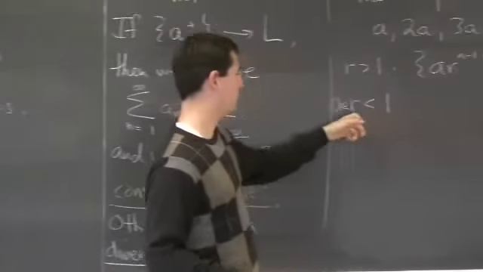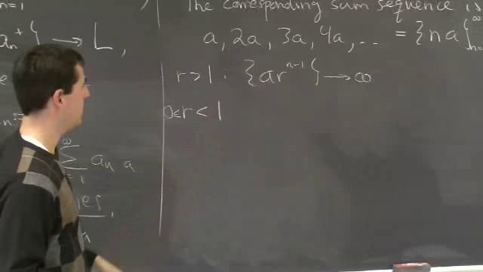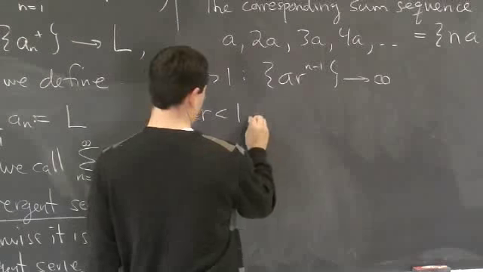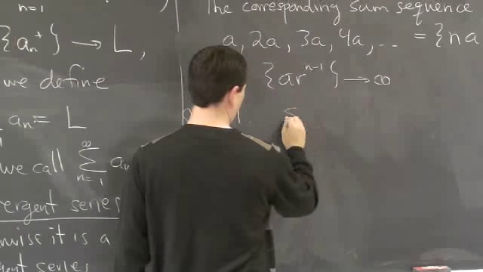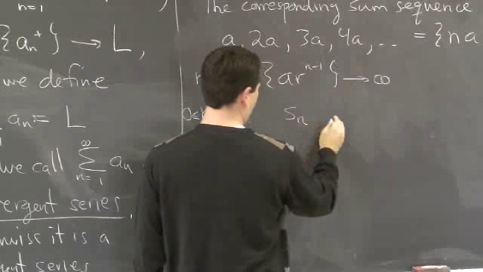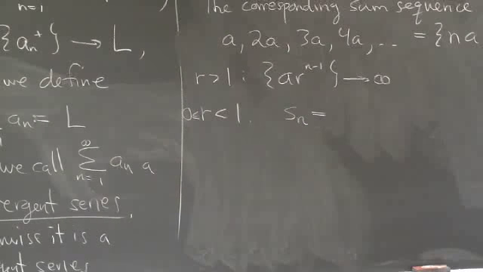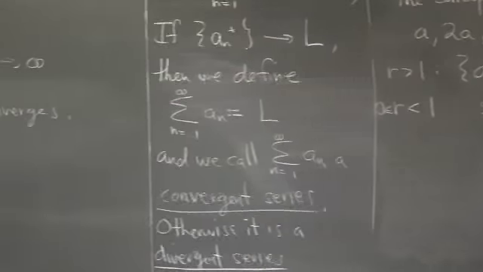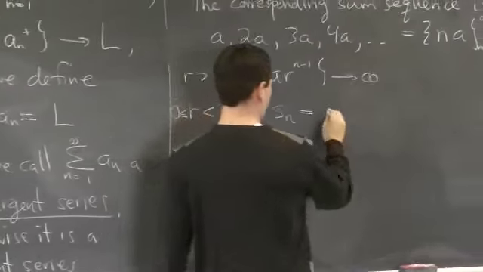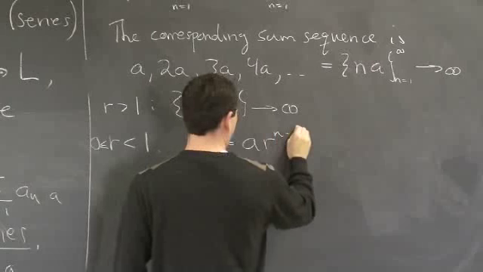Okay, so it's really interesting when r is between 0 and 1. So let's see what happens. So we said that the nth term in our sequence, I'm just copying from the left over here, the nth term in the sequence was a r to the n minus 1.